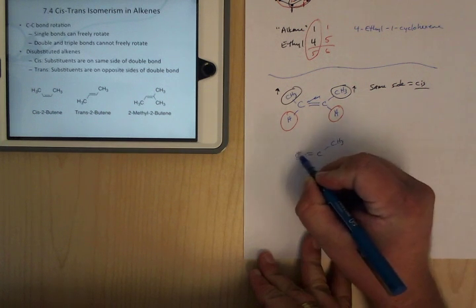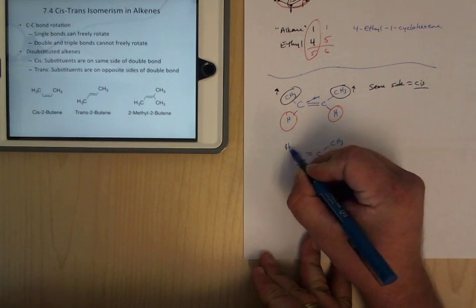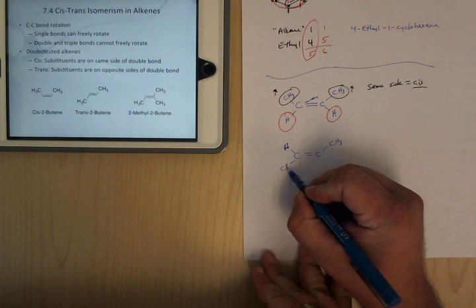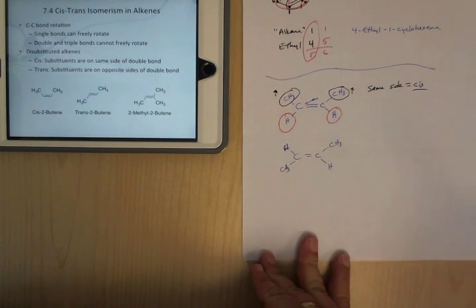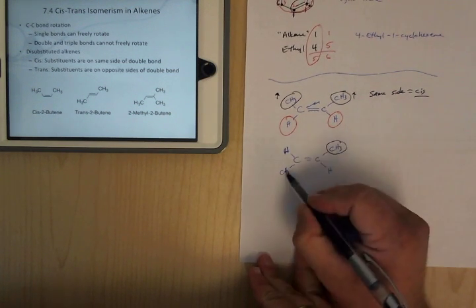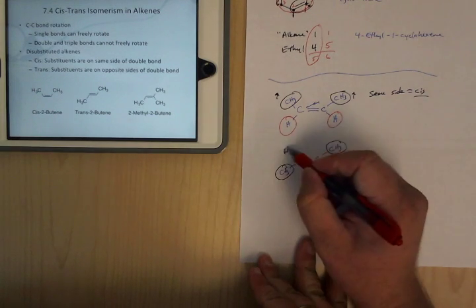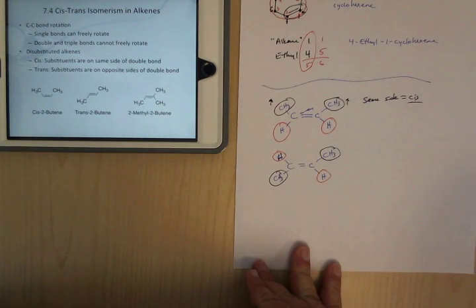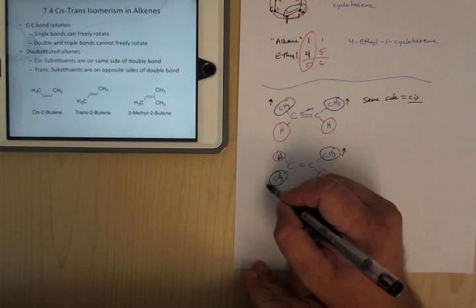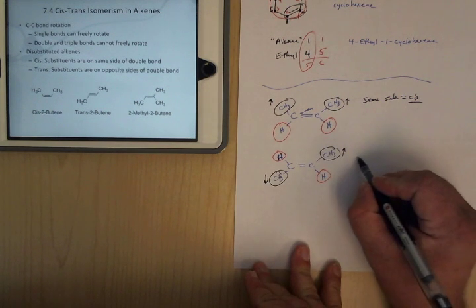Now if you had this situation, whether you looked at the methyl groups or the hydrogens, it doesn't matter. It's whatever is easier for you. You can think of this as up and this as down, so opposite sides.